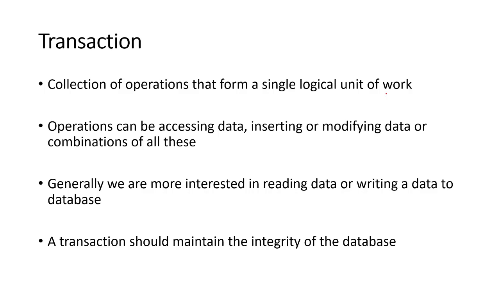Now, what kind of operations? Accessing of data means we are going to retrieve the data. Then we can insert data or modify data, or any combination of these, which are the operations included in a transaction.